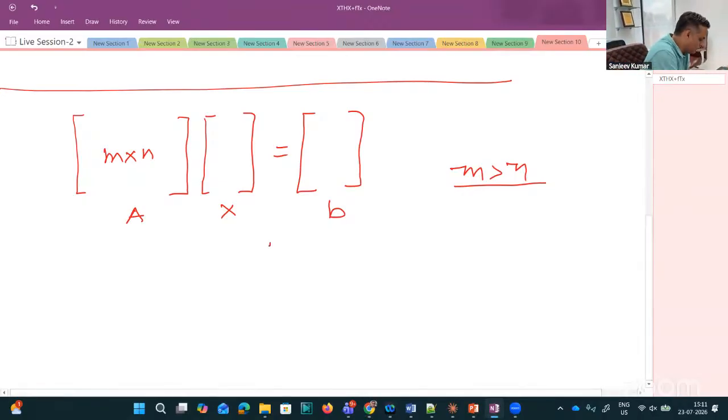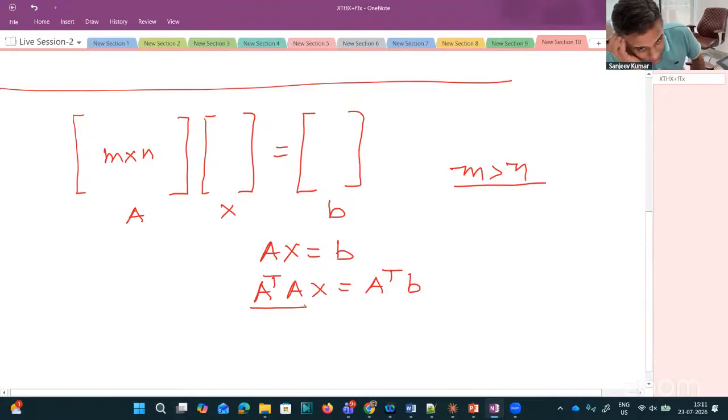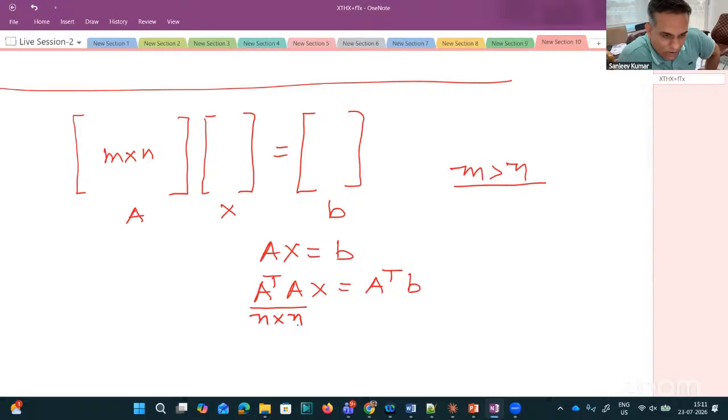So how do we solve it? AX equals to B. I multiply both sides by A transpose. So now this matrix A transpose A becomes an n by n matrix, a square matrix. So you converted your rectangular overdetermined system into a square system.